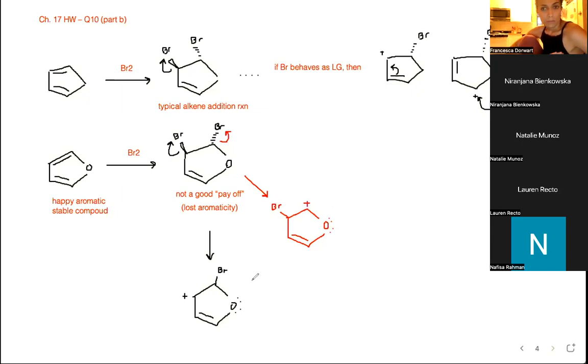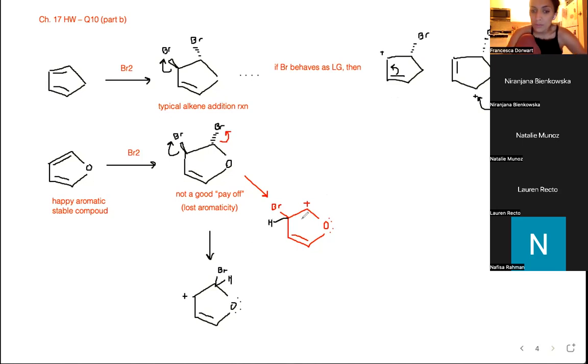This is nice because it allows us to do kind of an EAS reaction, where one of the bromines has been added, one of the bromines has left, and now the bromine that has left can behave as our base, rather than FeBr4 or water plucking off a proton. We can use Br to pluck off a proton where our new nucleophile added.